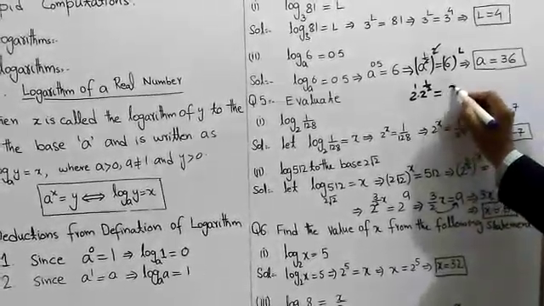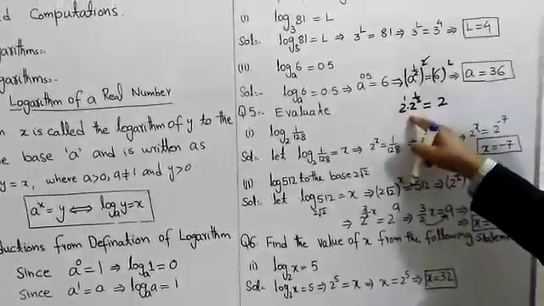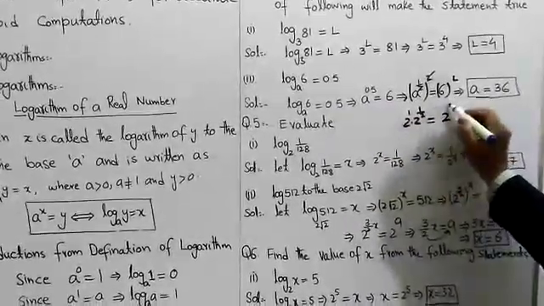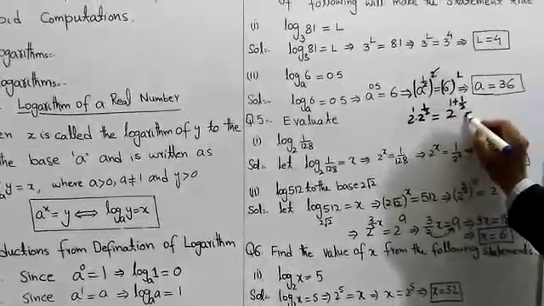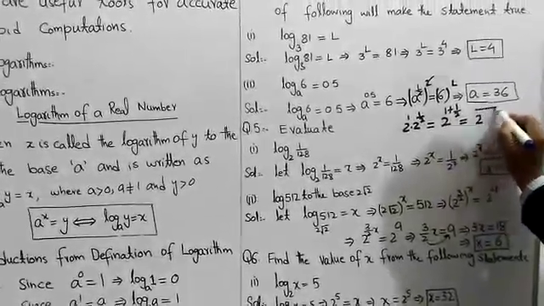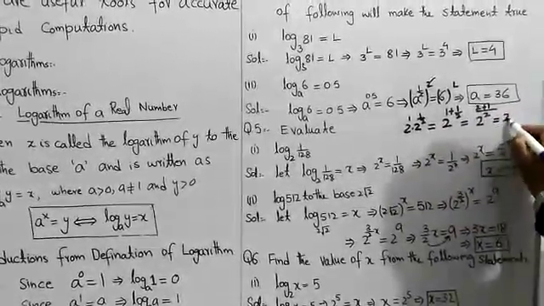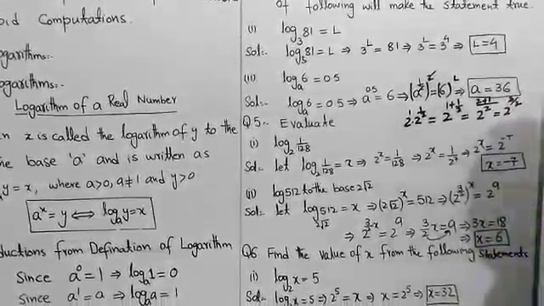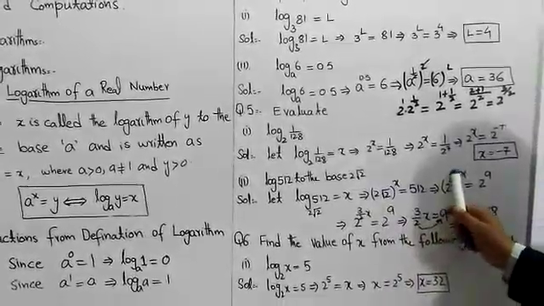Since these two values are multiplying and bases are equal, we can add these exponents. So 1 plus 1 by 2 is equal to 3 by 2. So we can write 2 square root of 2 as 2 raised to power 3 by 2.